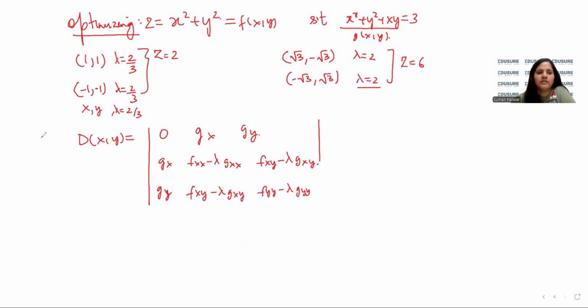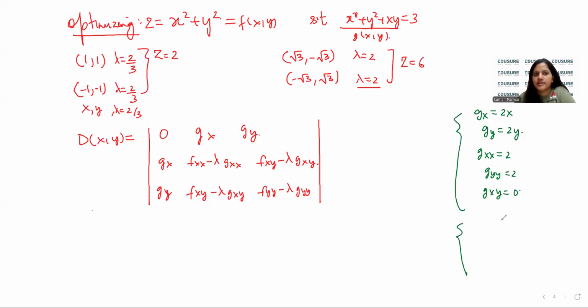So first of all, we should calculate the derivatives. For g, g of x is 2x, g of y is 2y, g of xx is 2, g of yy is 2 and g of xy is 0. Also, this is for F, the function x square plus y square.